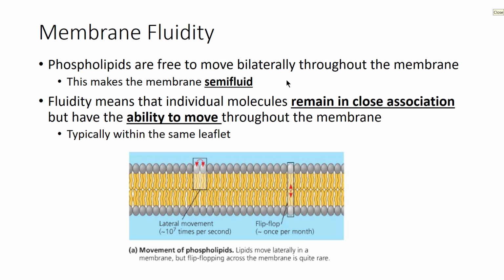So the phospholipids kind of drift and float around each other, and that's where that term comes from. It allows them to remain in close association. It allows the membrane to kind of change shape, form itself, and create a more dynamic equilibrium in reference to the environment around it. So imagine a room that could sort of shift and morph in reference to what's happening around it. That would be kind of like the nature of this fluidity here.